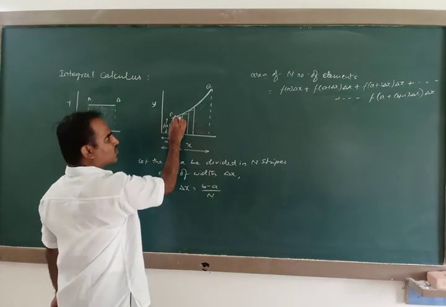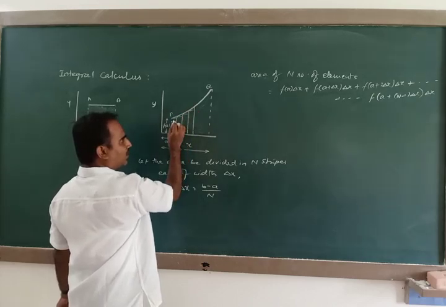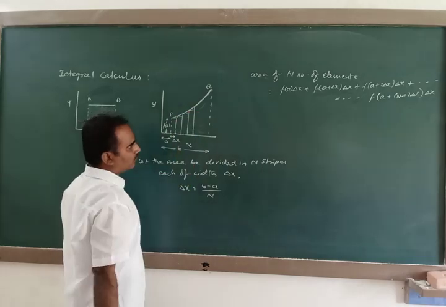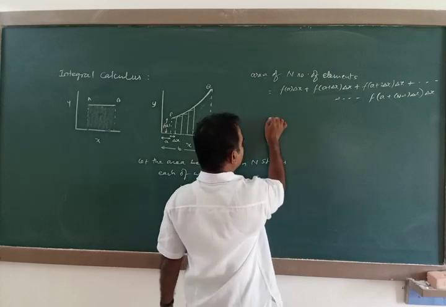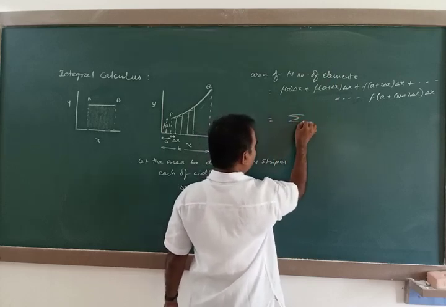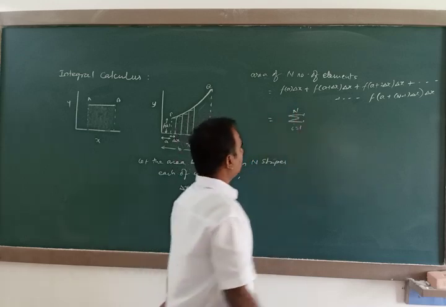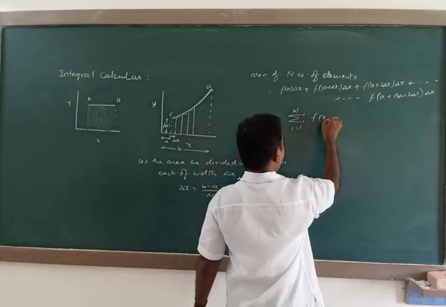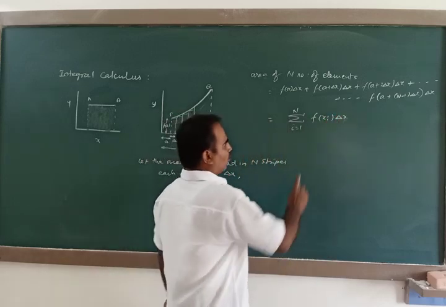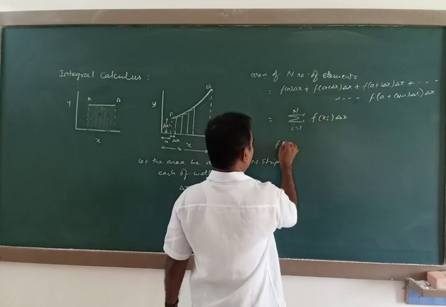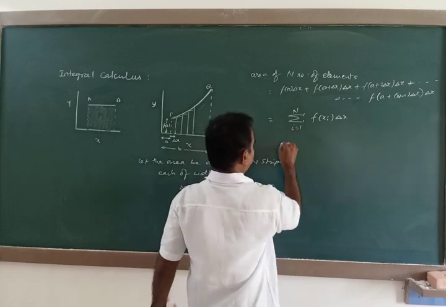That means neglecting these small triangles, you got the rest of the area under this curve. So area of n number of strips is given like this. Mathematically this can be written as a summation, i equal to 1 to n, f of x_i delta x. What is this f(x_i)?